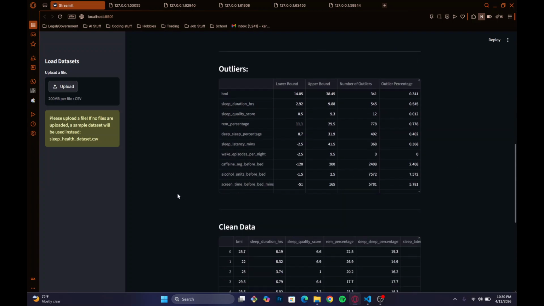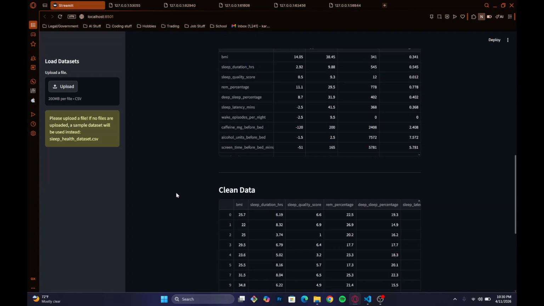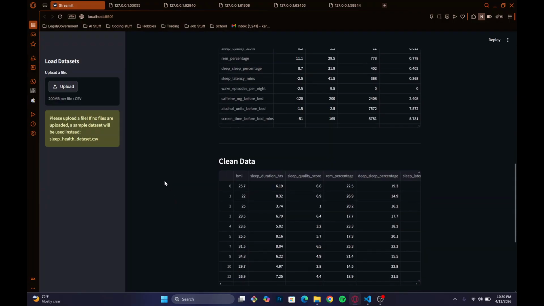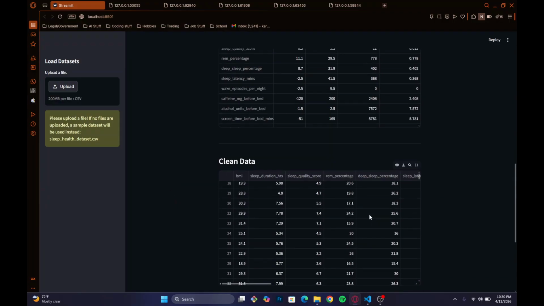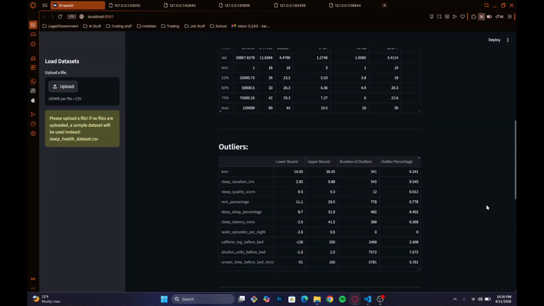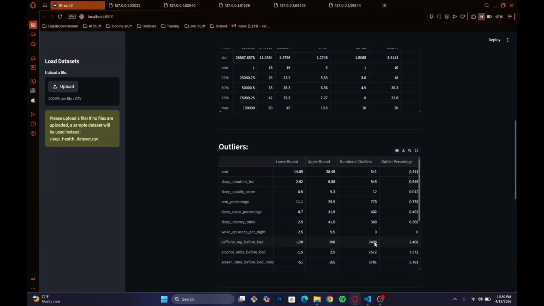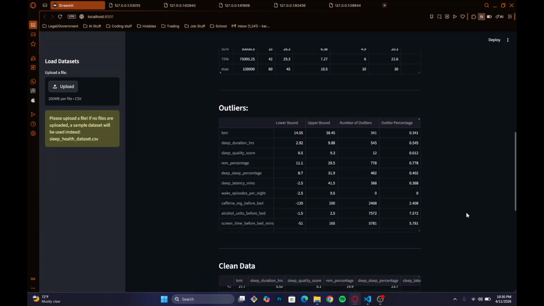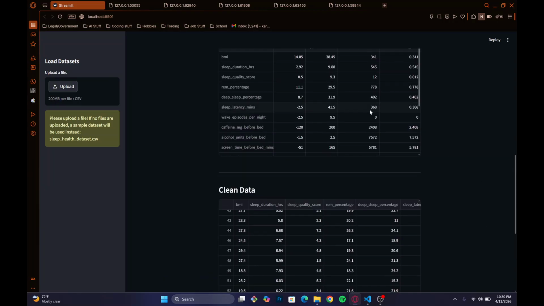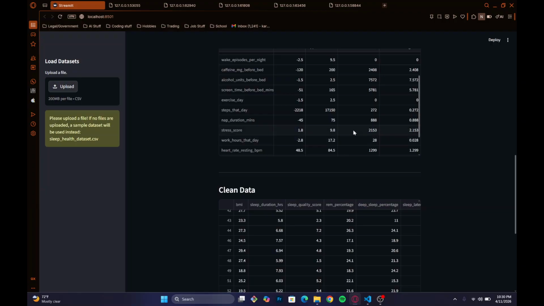So from the outliers, I was able to find that there were indeed a lot of outliers here and there. For example, the alcohol units before bed, there were a lot of outliers there. Same for screen time before bed and caffeine before bed, which in all honesty I didn't expect.